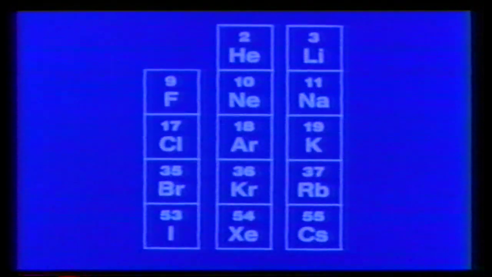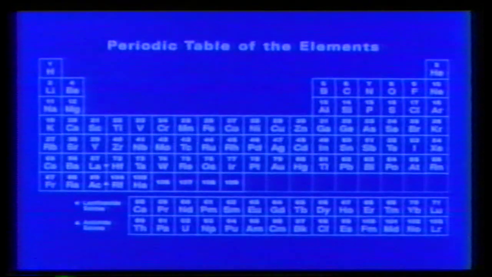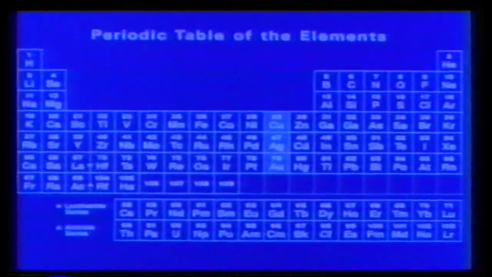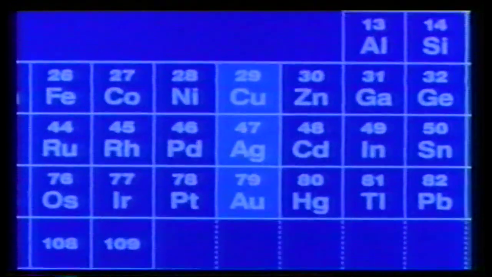This 3-column table can be expanded by further experiments of the type we have seen to produce a periodic table of the elements. Each column contains a family of elements.